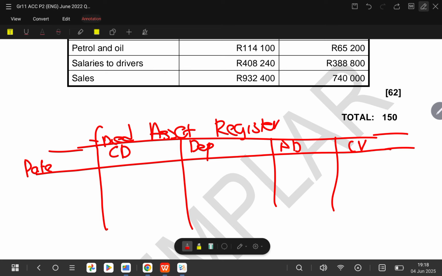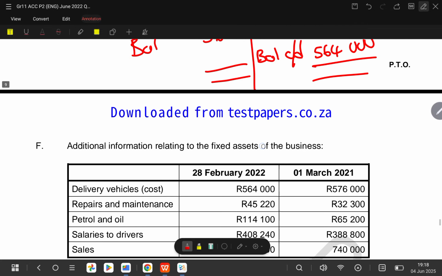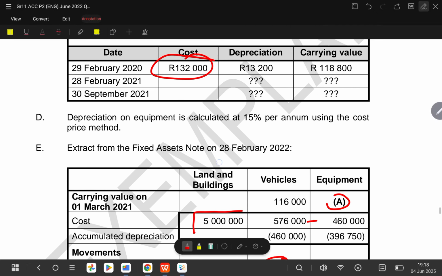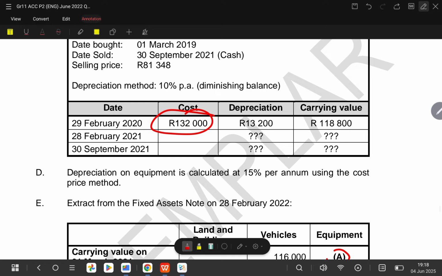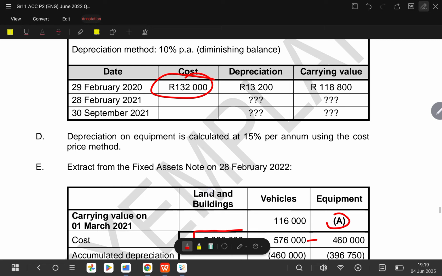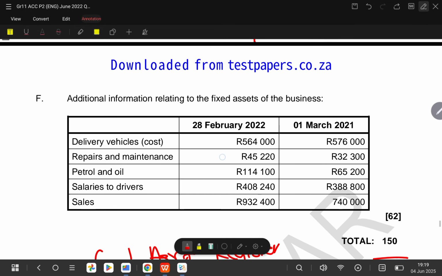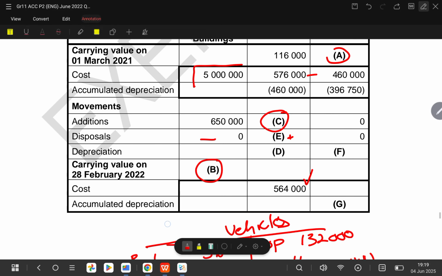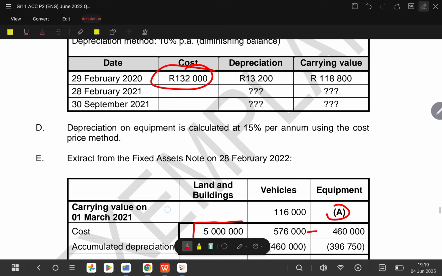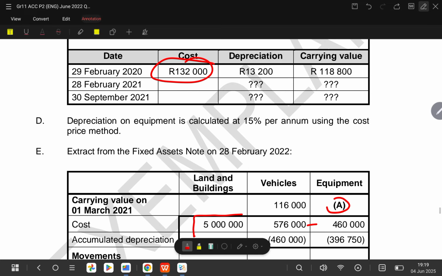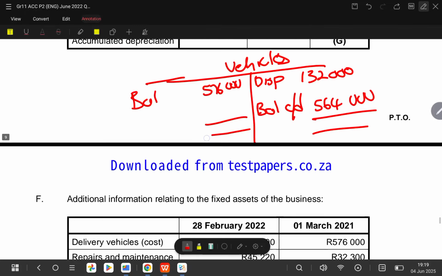So I know that the cost price of the asset that we sold is 132,000. So according to the fixed asset register that they gave us here, the depreciation at the beginning is 13,200. Remember, the year that they bought it, according to our information, is the year that ended 29 February 2020.